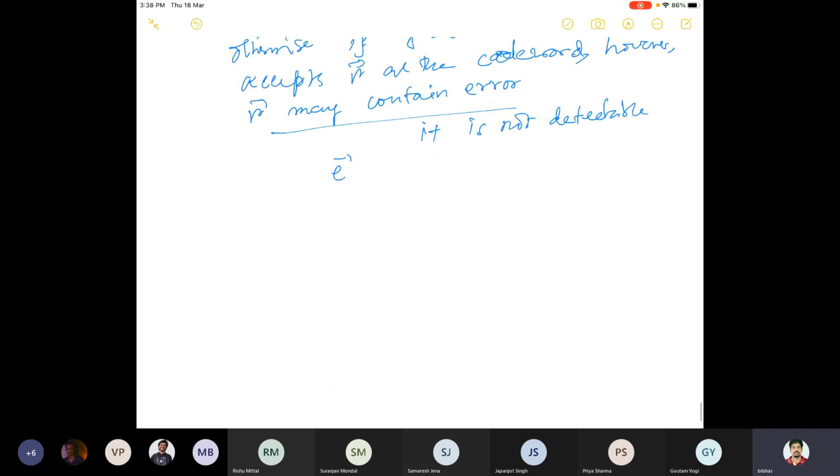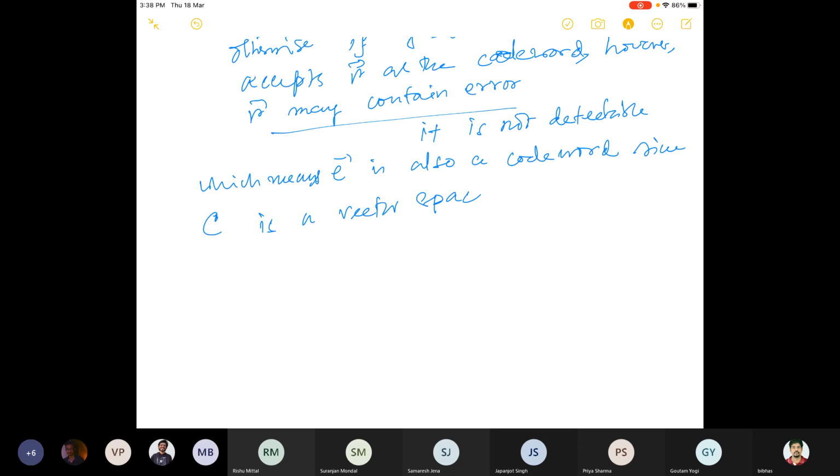This is an undetected error, not detectable, which means E is also a code word, since the code C is a vector space.